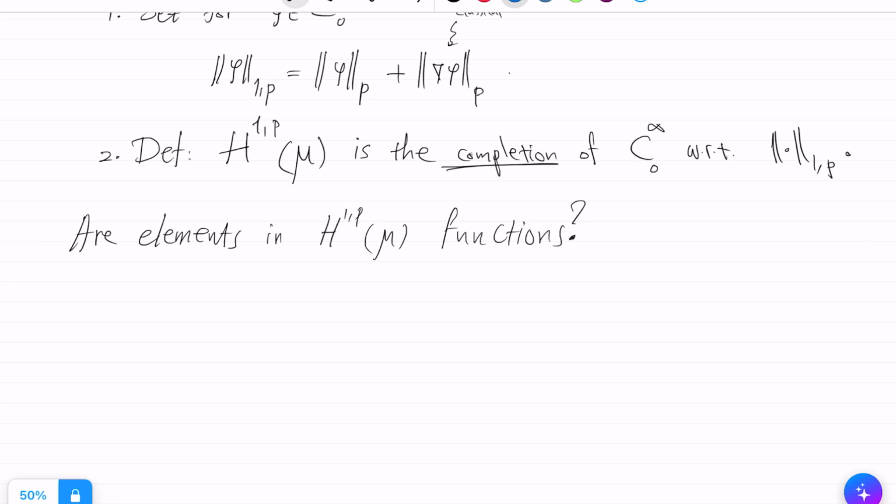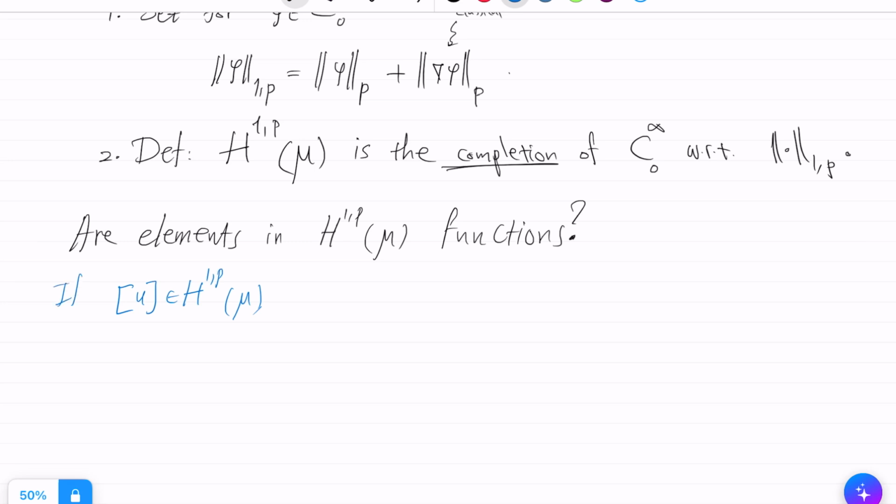So what is completion? What is an element in H1p? This is an equivalence class of Cauchy sequences, right? That's what completion means in functional analysis. Completion of a normed space will be an equivalence class of Cauchy sequences.